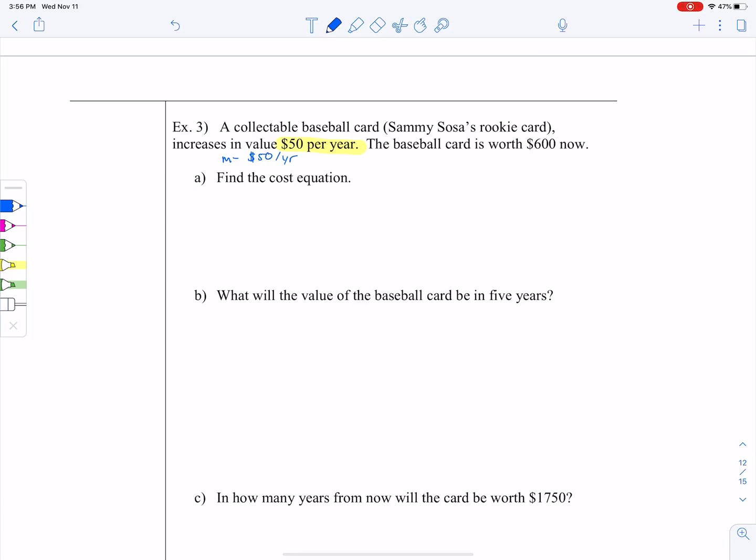So they're already giving you the rate of change, they're already giving you the M. And they said it's worth $600 now. So this is the initial value, or otherwise known as the B. So for the cost equation, you can already put the values in. So we know that our M is 50, and 600 is our initial value. So you can pop those in right away.